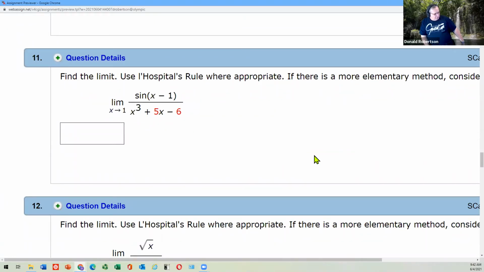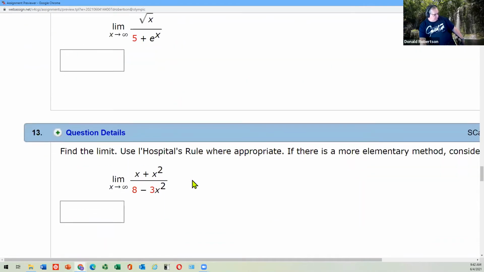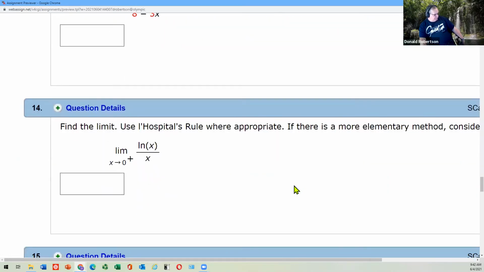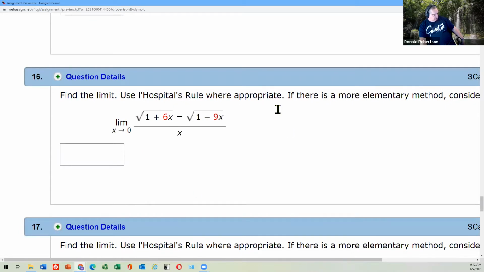I guess the only mistake you might make, and I hope you wouldn't, if you differentiate the sine of x minus 1, don't you just get the cosine of x minus 1? That one works totally fine. Pretty standard. Done that one. I would definitely use conjugate on that one.